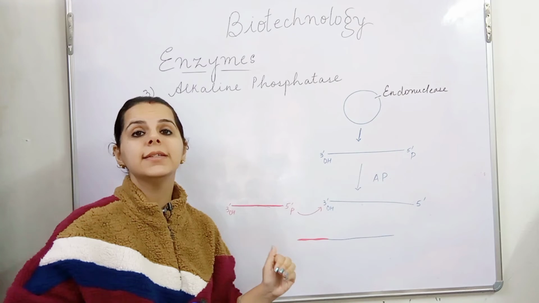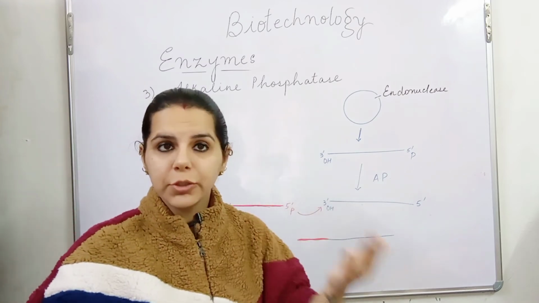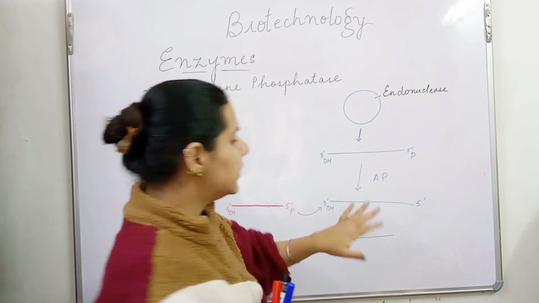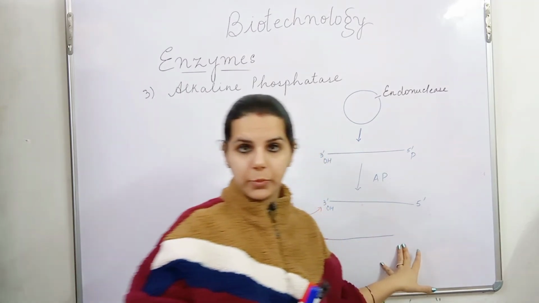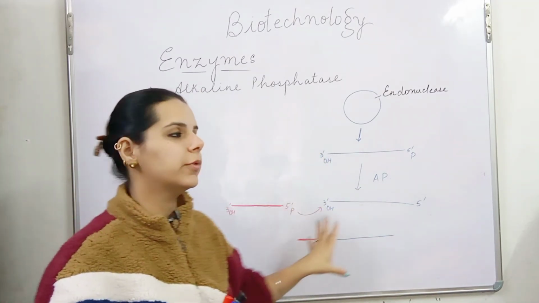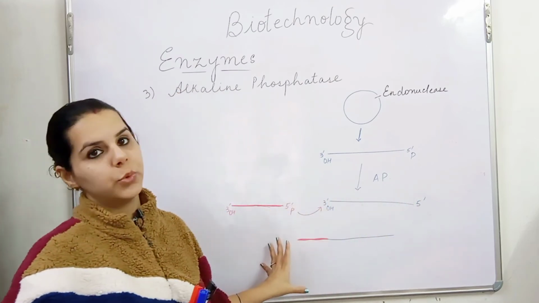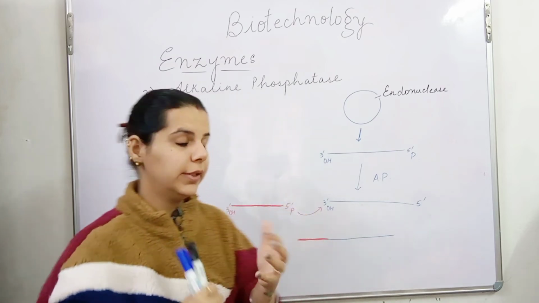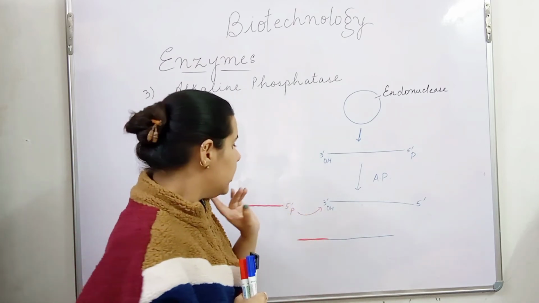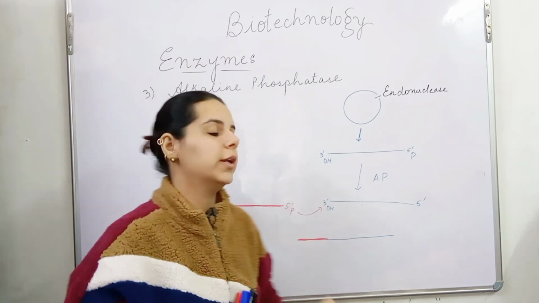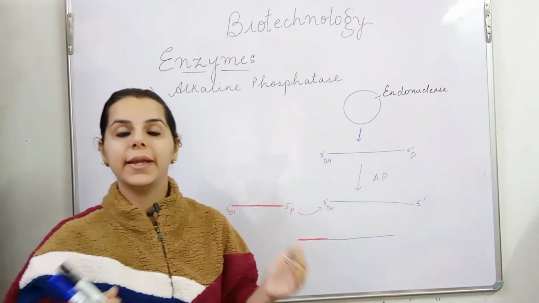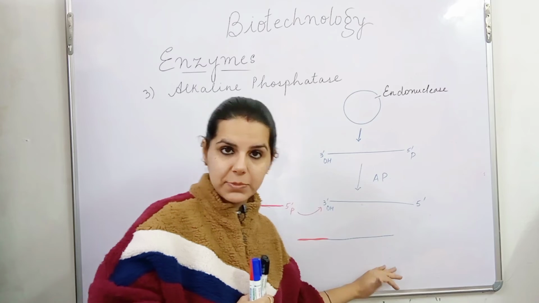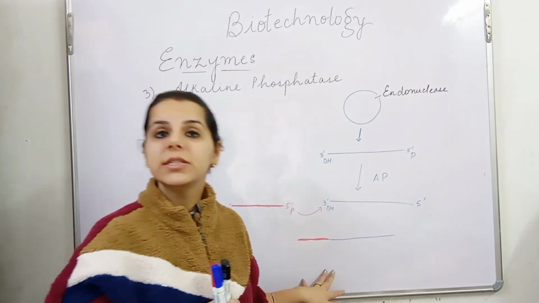Now to make it back to the circular form, I will be adding phosphorylases, which then add the phosphate at the 5' end, and then there could be a formation of a phosphodiester bond so as to make it a circular form. Then another thing which is important: how do I join these two DNAs, the open plasmid DNA and the insert?